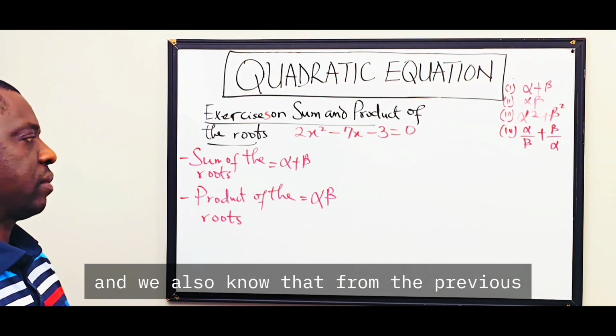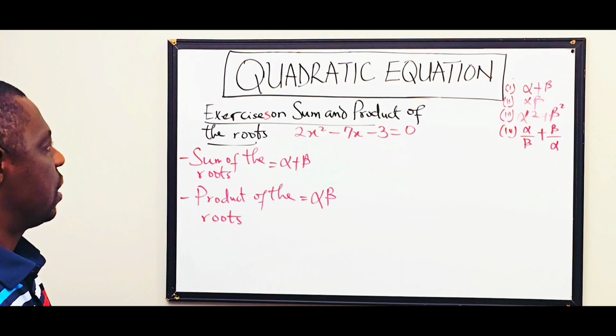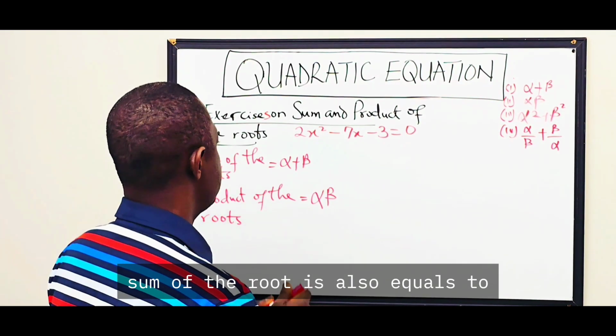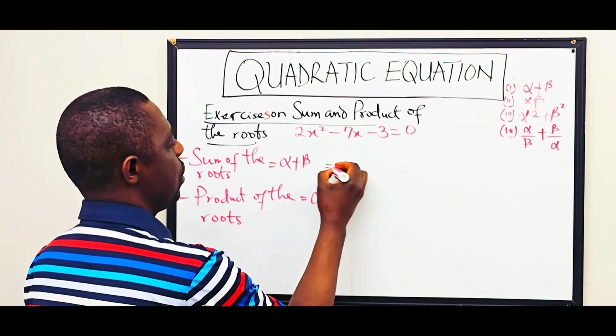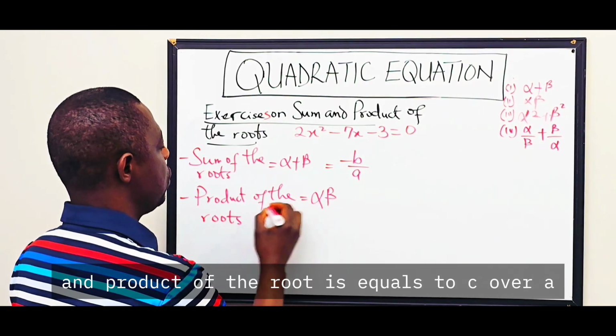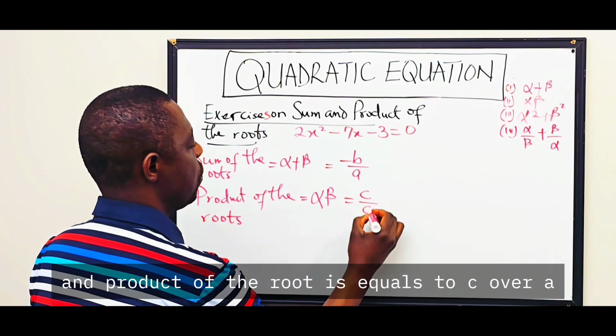And we also know from the previous lesson that the sum of the roots is equal to minus b over a, and the product of the roots is equal to c over a.